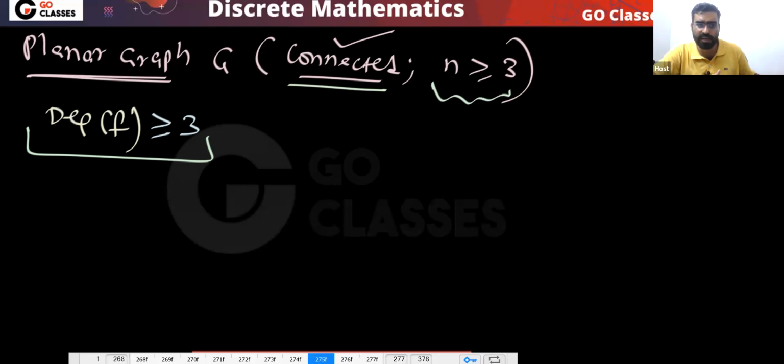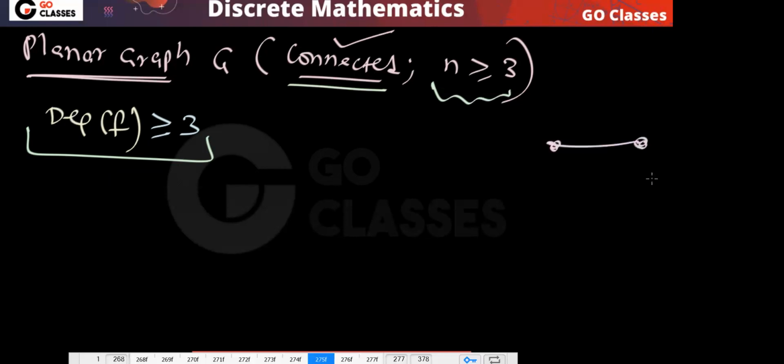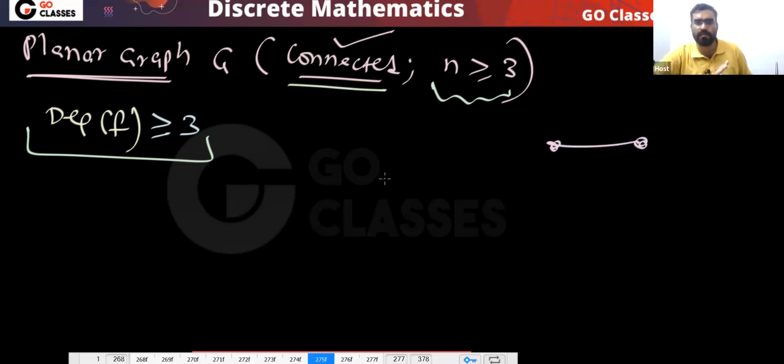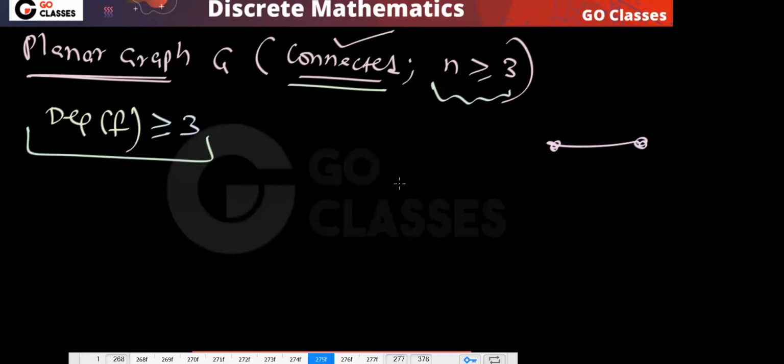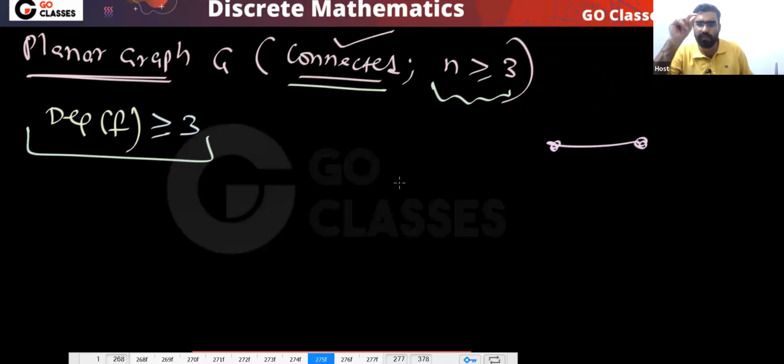If you want a face of degree 2, this is the only graph where that happens. There is no other graph where the degree of a face is equal to 2. Every other graph will have face degree greater than or equal to 3.